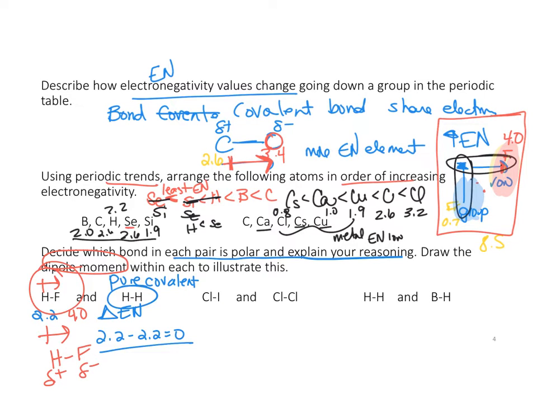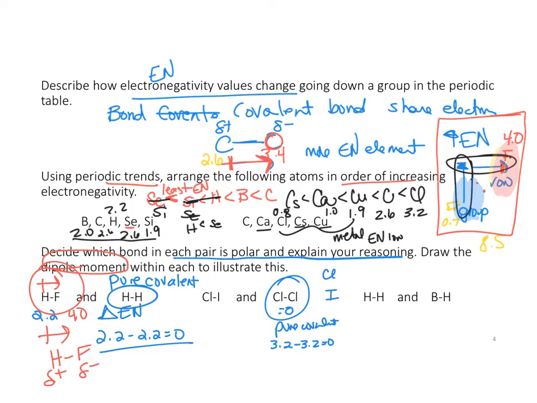Okay, so ClCl, you should know that that is going to be 0. That's pure covalent. And you can even look those numbers up: 3.2 minus 3.2 is 0. Now this one, where's iodine? Iodine is below, so they're in the same group.